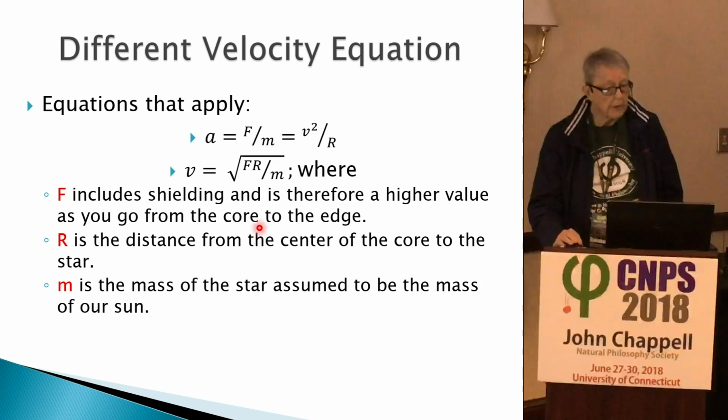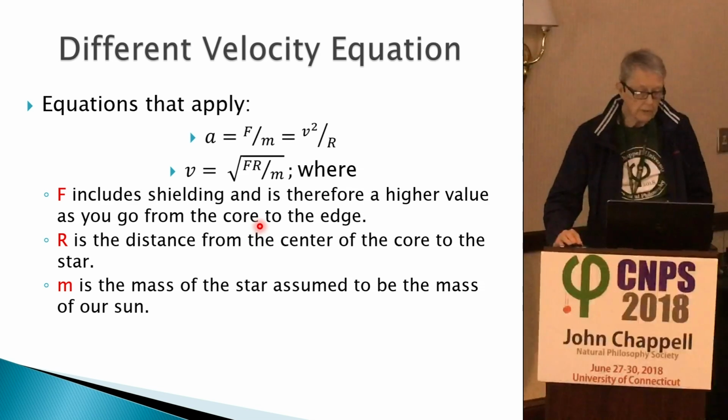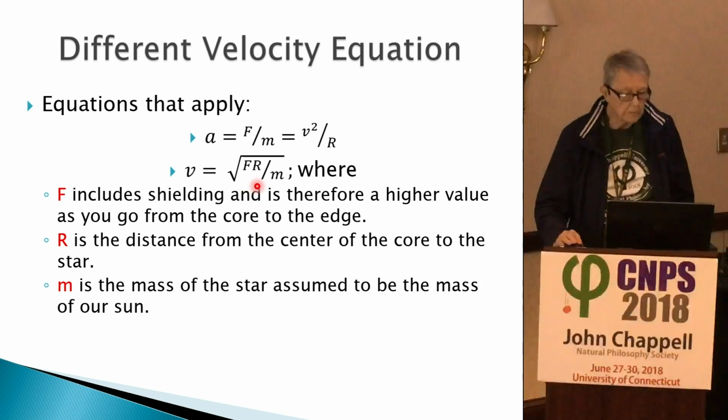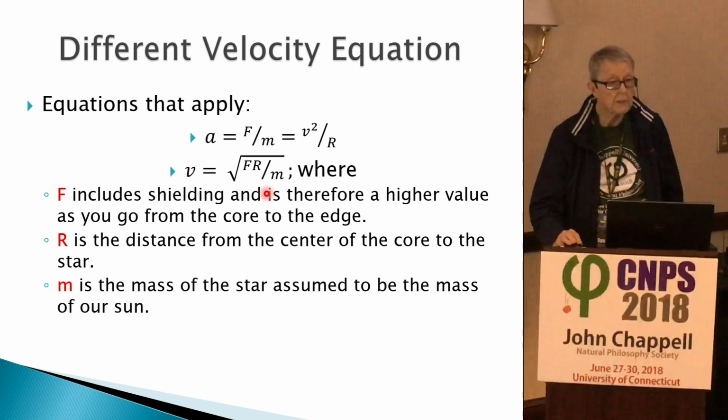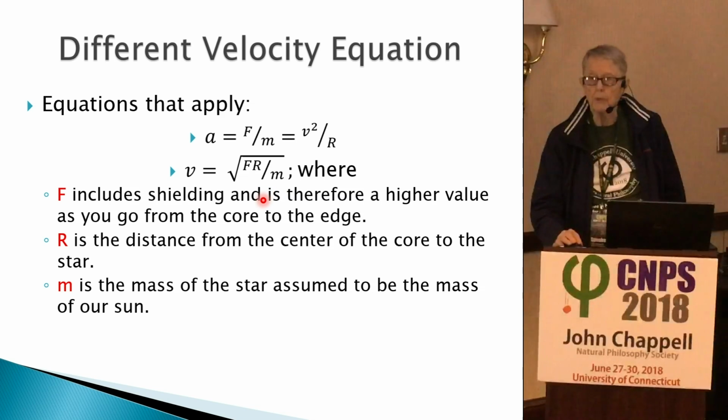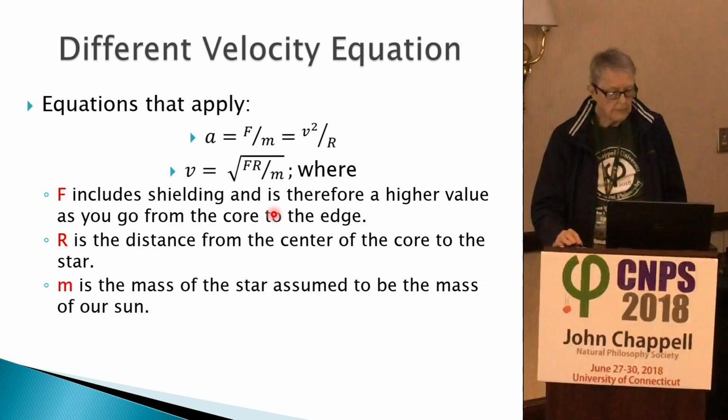Okay, so what I did then was combine these two parts and solve for v squared, and I get a different equation for velocity, which is equal to the square root of the force times the distance divided by the mass. But this is the mass of the object, not the mass of the galaxy. So this force doesn't include G. Now it could include G. If I took the force and I put Newton's equation in there, I could just flip it right back to the other equation.